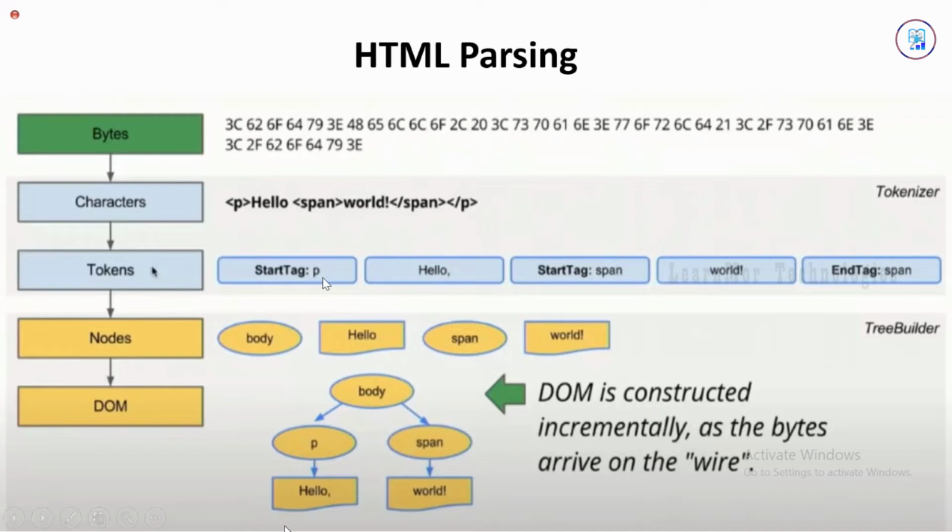So tokens will find the start tag and end tag and handle it. The parser is responsible for doing all this. It gets the bytes, converts them to characters. Those characters are recognized as tags. Those tags are converted into elements and they are attached to the DOM.